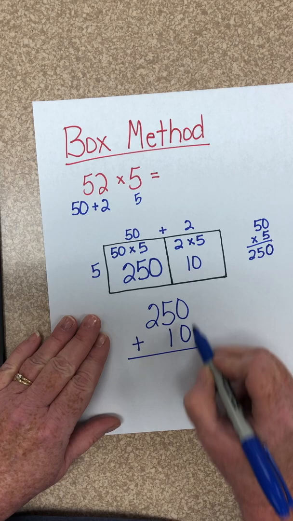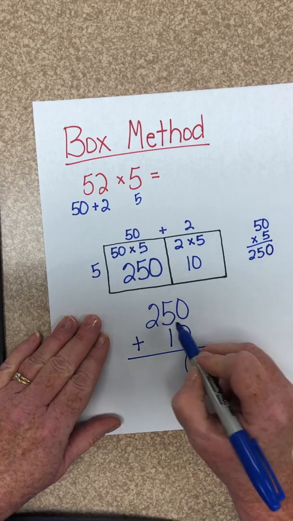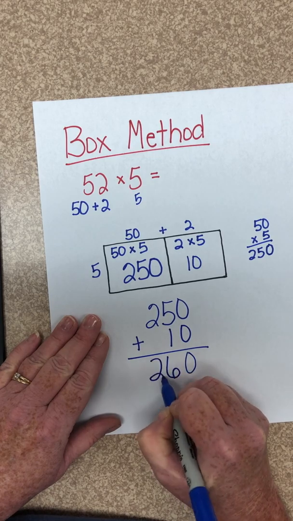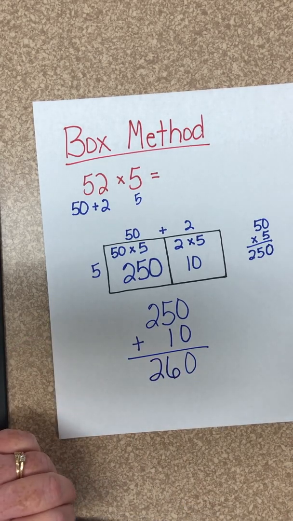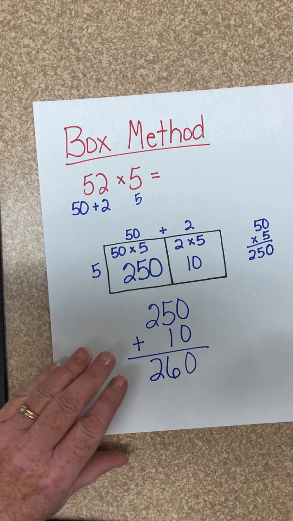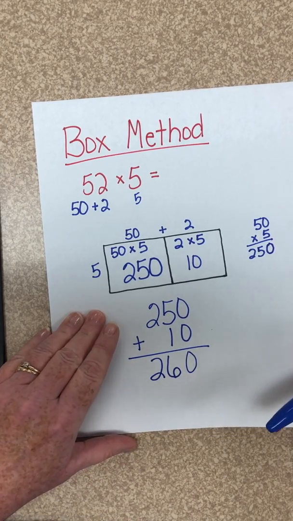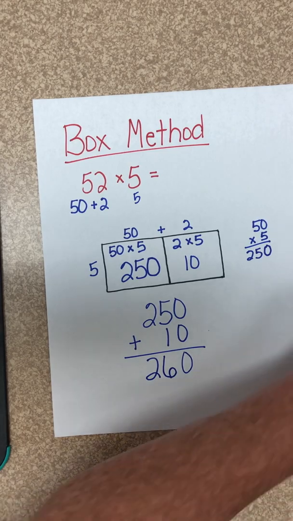So now let's add. 0. 5 plus 1 is 6, and I bring down my 2. So the answer is 260, the same answer we got with the standard algorithm method.